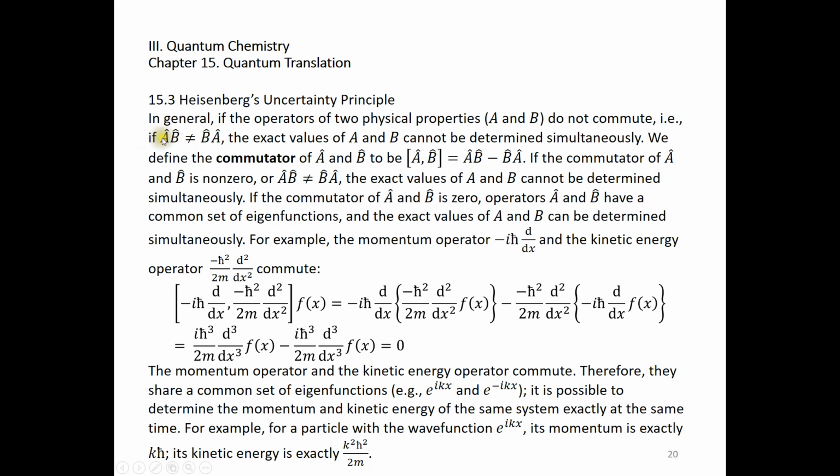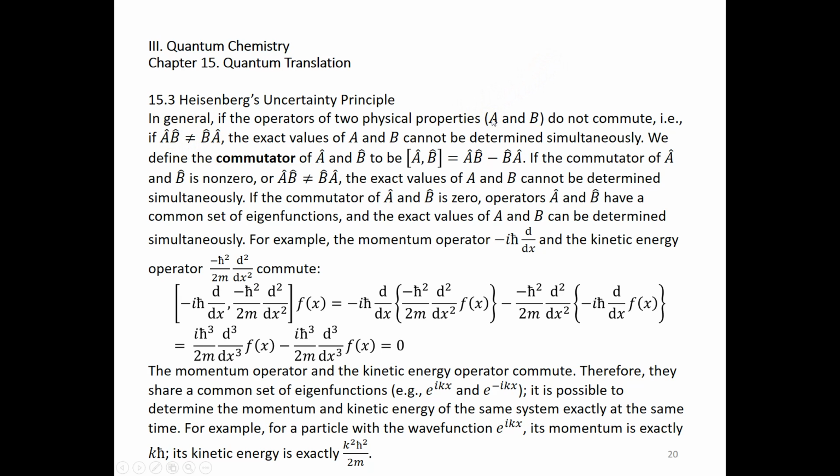And that indicates AB is different from BA. If you are doing just multiplication of two numbers, AB equals BA always. However, if you are applying two operators to the same function, you might get a different result, which depends on the order of the two.